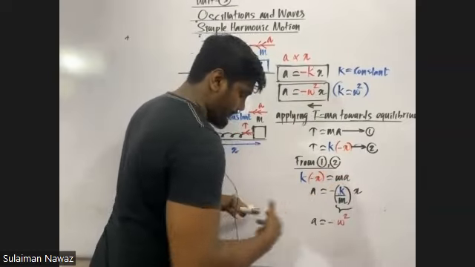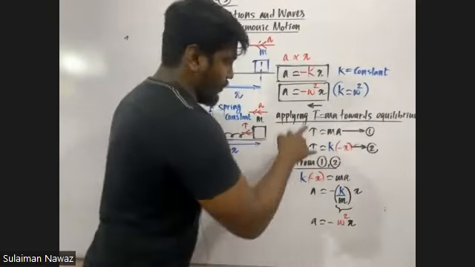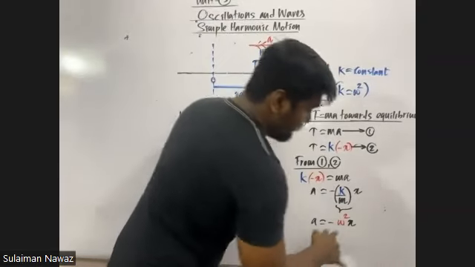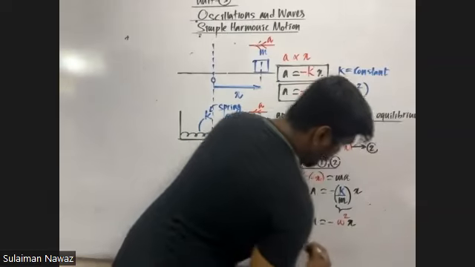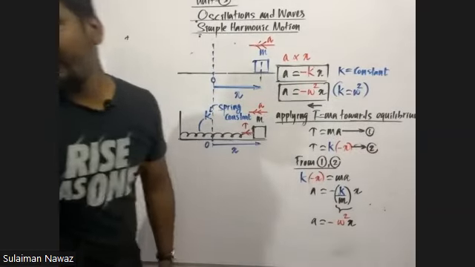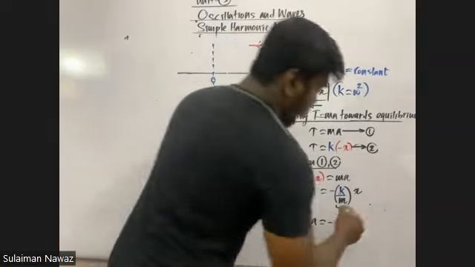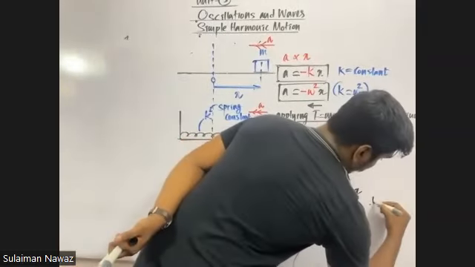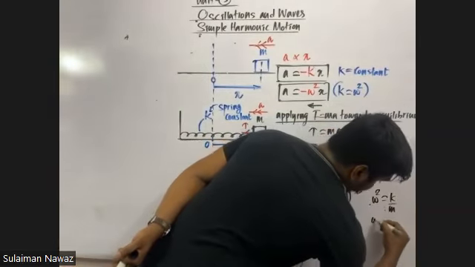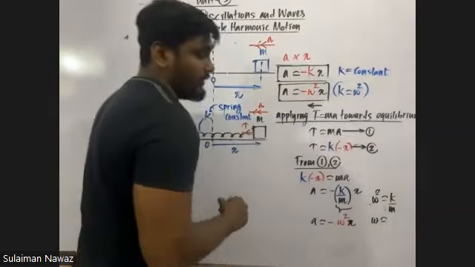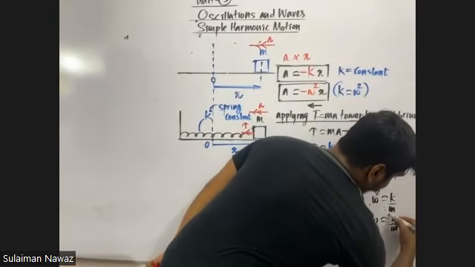Therefore, I can say this object is moving in simple harmonic motion. What's my omega value? Very important: omega squared equals k over m. Therefore, angular velocity can be written as the square root of spring constant over mass.